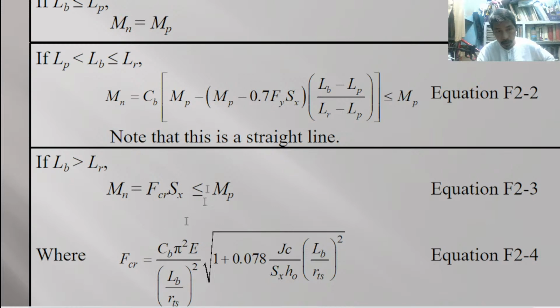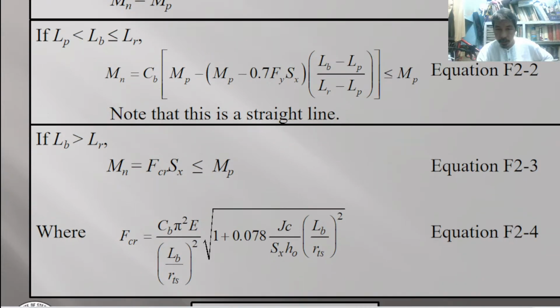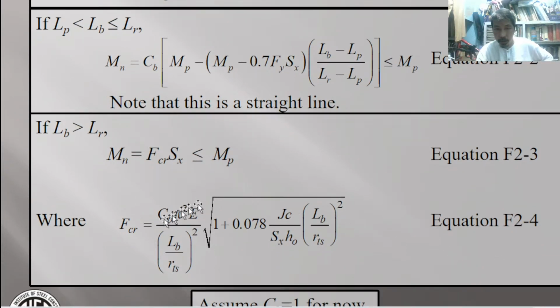Notice here, FcrSx is equal to or less than Mp. So what is Fcr? Fcr is Cb pi squared E over quantity Lb over rts squared. So this is the slenderness ratio.